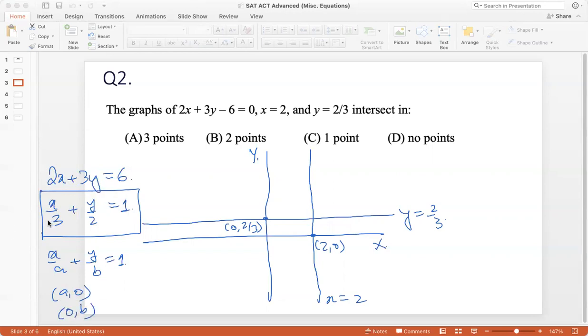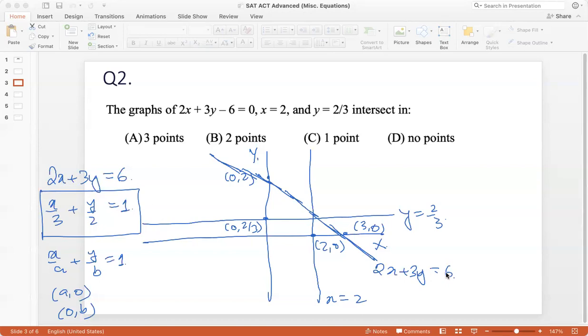So here the x-intercept is (3, 0), and the y-intercept is 2. So this line will look something like this. This is the line 2x plus 3y equal to 6.